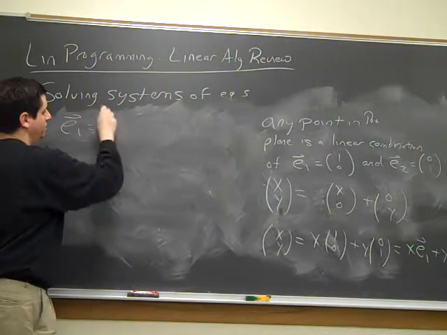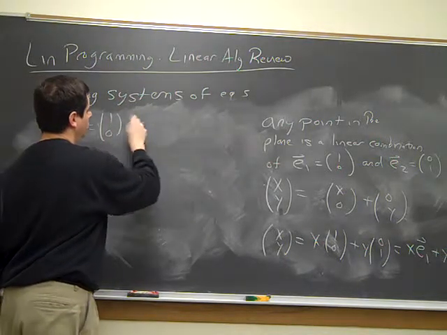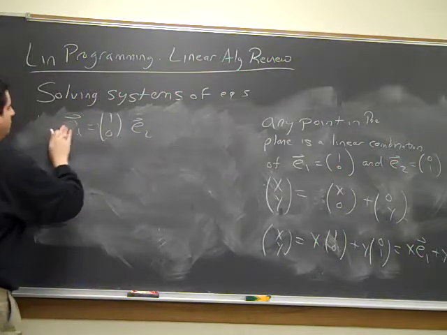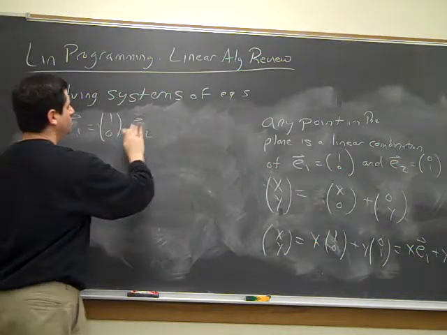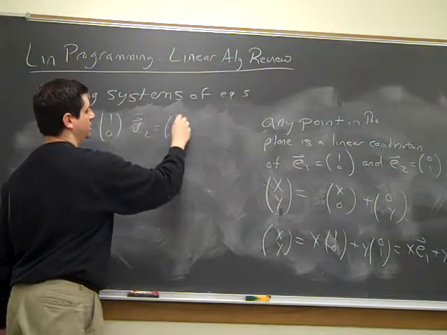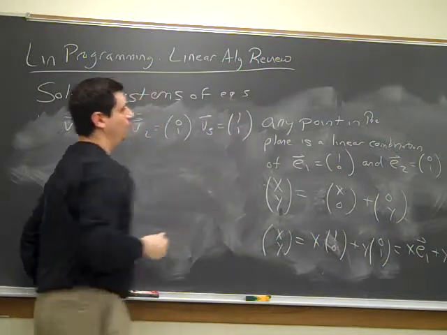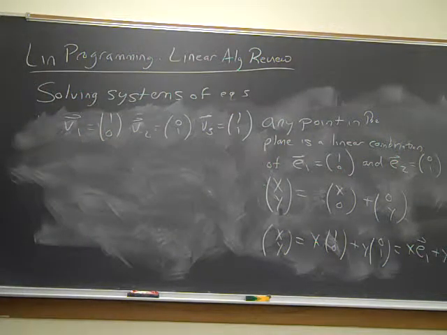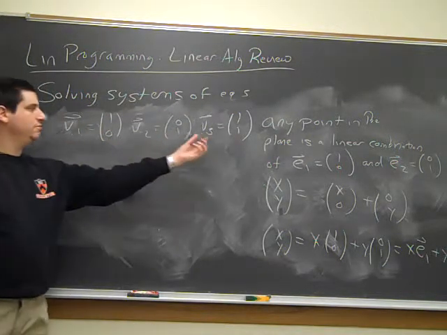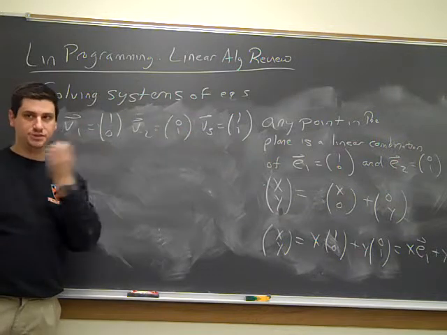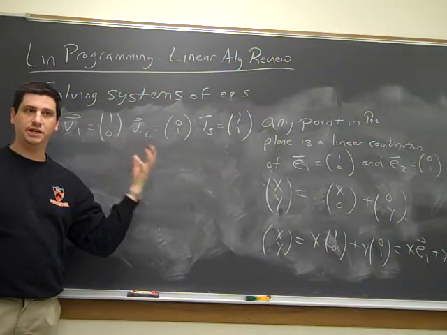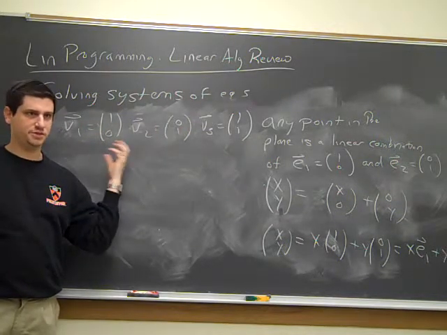V1 is (1, 0), V2 is (0, 1), and V3 is (1, 1). Can every vector be written as a linear combination of these three vectors? Can any point in the plane be written as a linear combination of these three vectors?